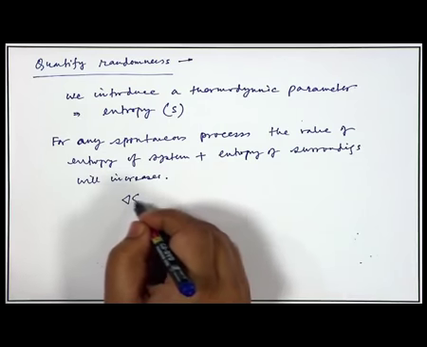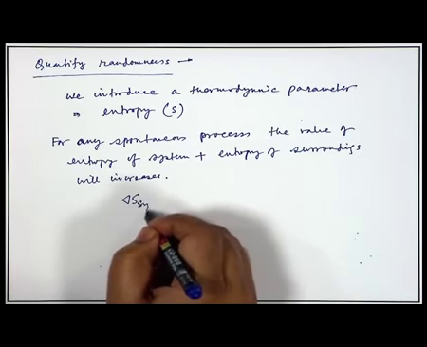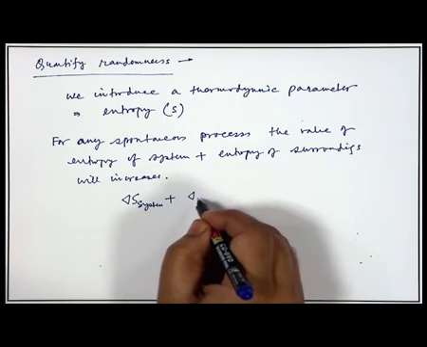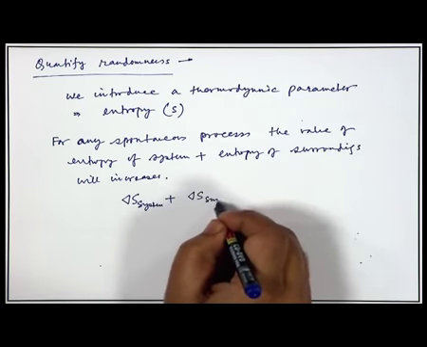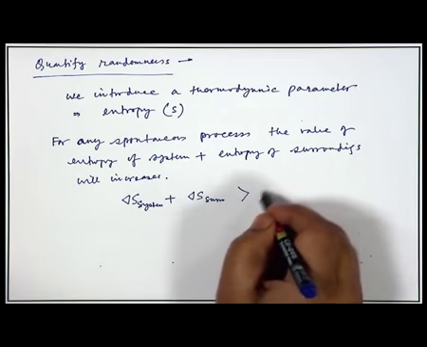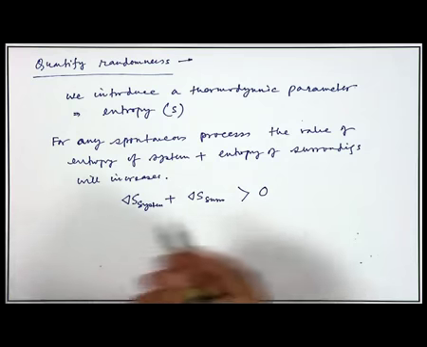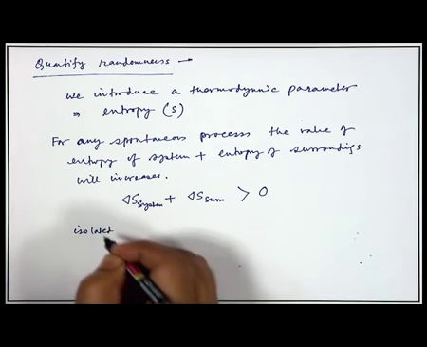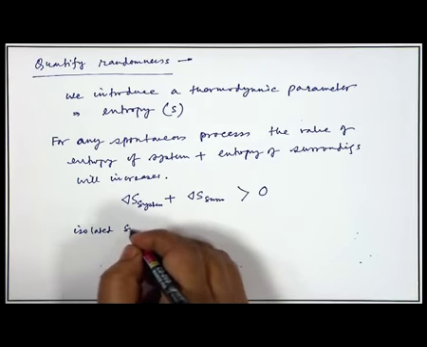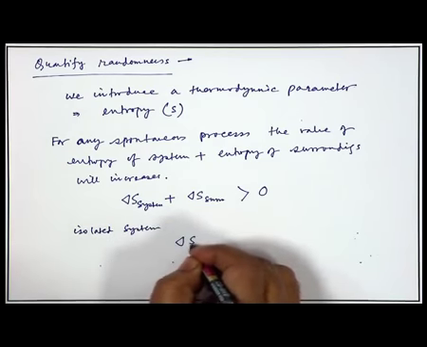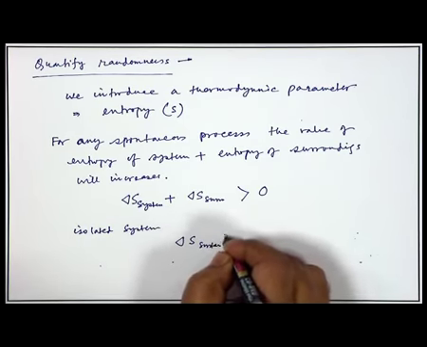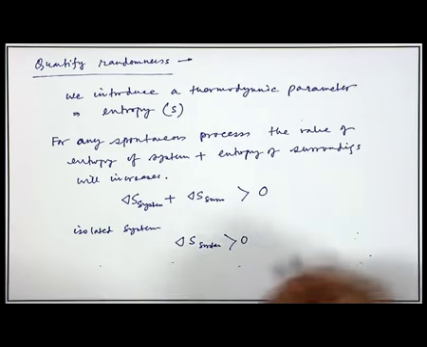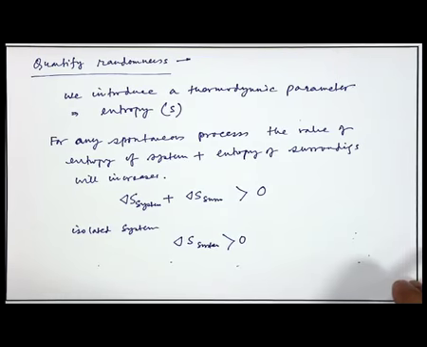Or, if I write delta S, the change in entropy of the system plus the change in entropy of the surroundings would be a positive value for a spontaneous process. And if I make an isolated system, where the surroundings do not interact with the system, then for an isolated system only delta S of the system will be positive. This is what we are concluding from the experience we have noticed till now.